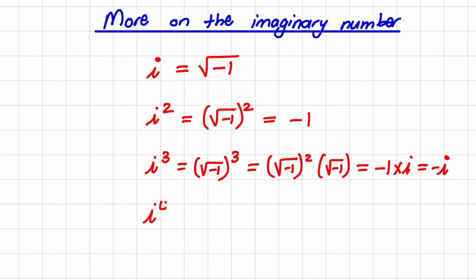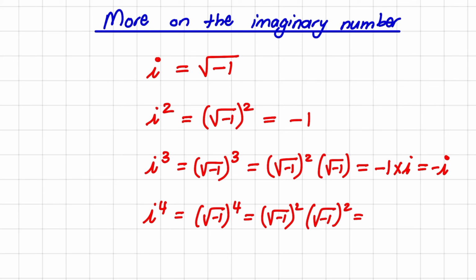And if I raise i to the fourth power, I have the square root of -1 to the power of 4, and that is equal to the square root of -1 squared times the square root of -1 squared, which is -1 times -1, which is equal to +1.